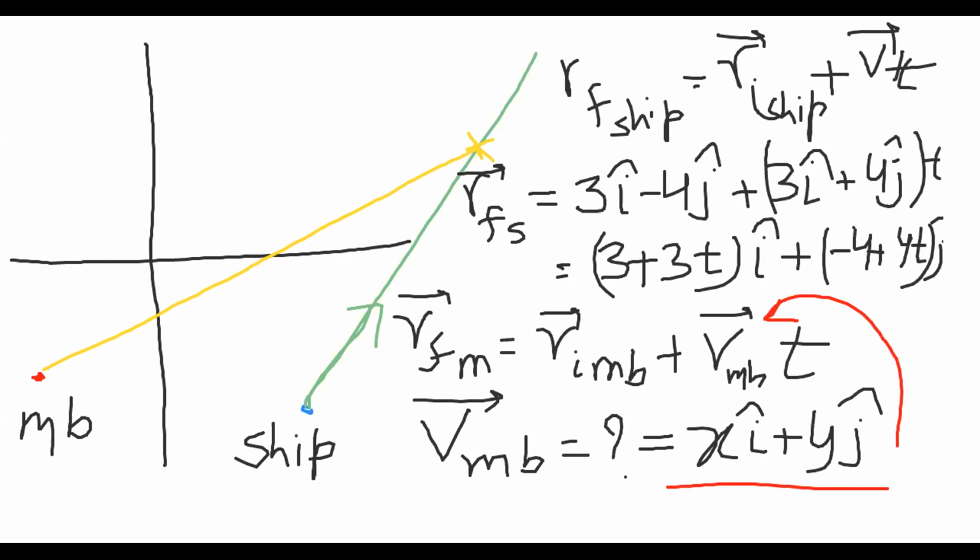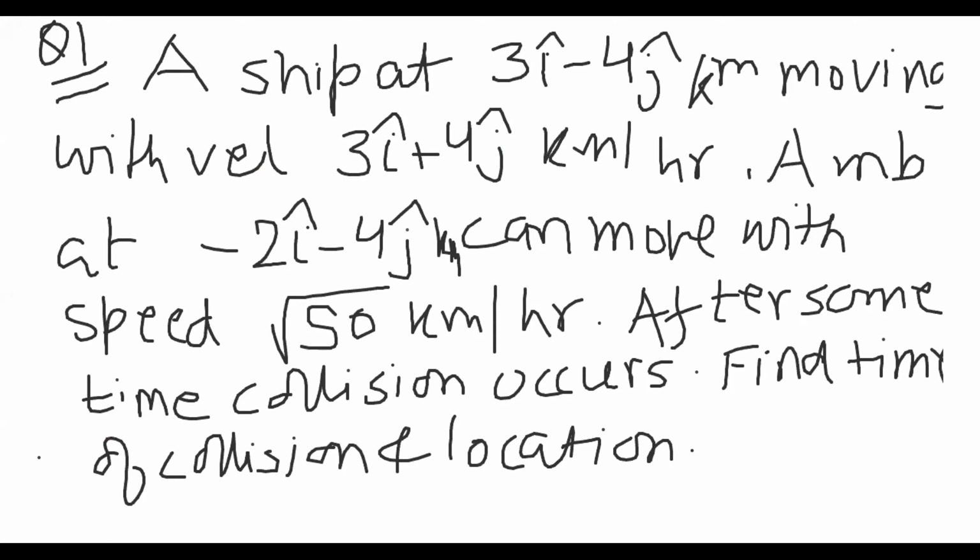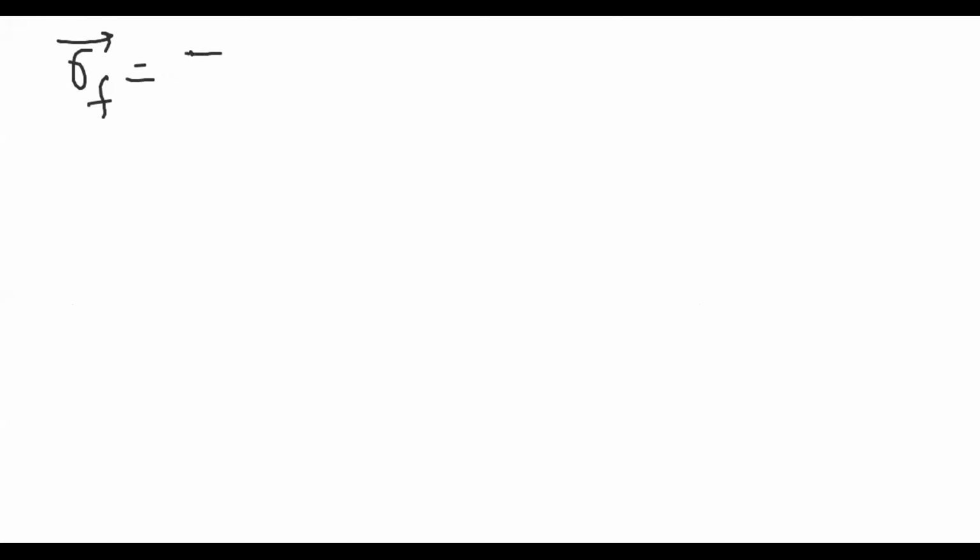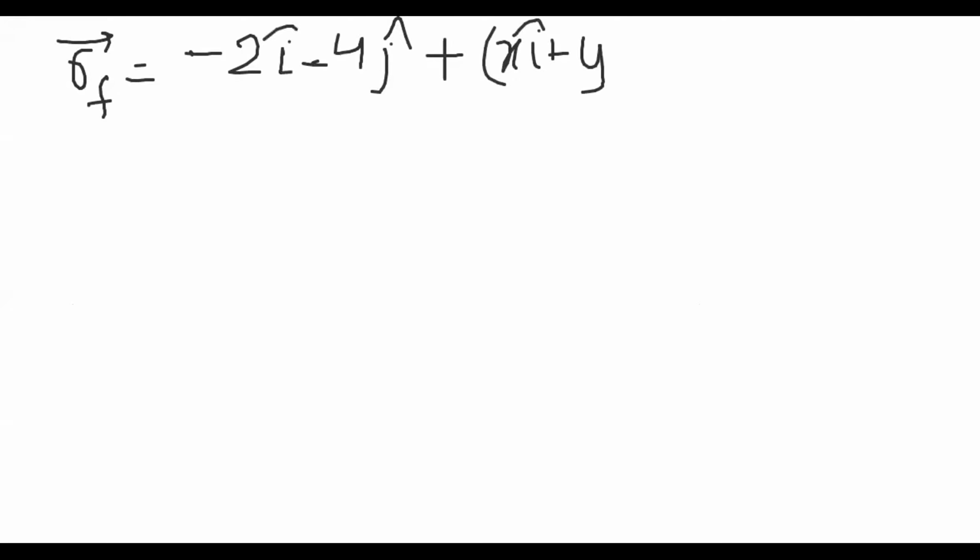Right? So I get final position vector of the motorboat is equal to the initial position vector, minus 2i cap minus 4j cap, plus the velocity vector of the motorboat into time.